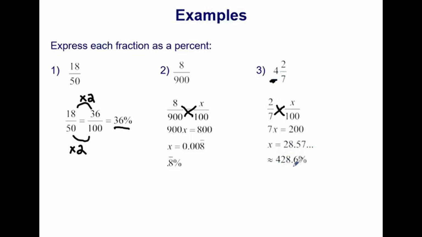So it's 428.6 repeating percent. You have to put your 4 with the 28.57 that the fraction equals. You have to combine the two. So there's a lot of different scenarios where we have to use our tools and our tricks to give us what we want in order to solve a problem.